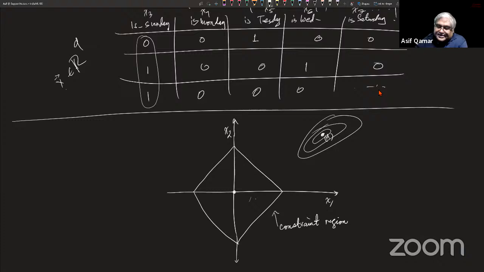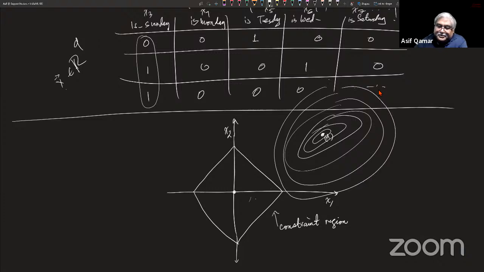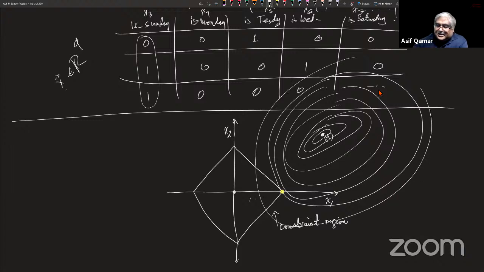If you can find the answer only here, the best answer you can find will be at this point. Any other solution that goes into the region lies on a different contour. These are contour lines, these little circles, and each outer circle has more loss than the inner circle.